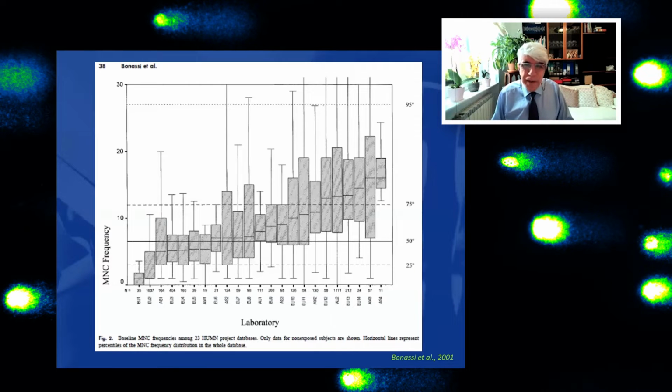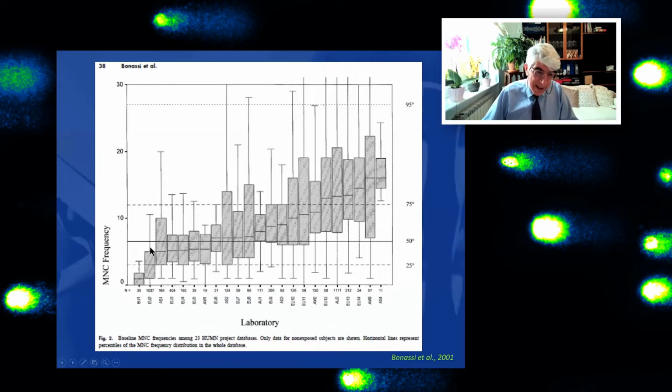The idea of using pooled analysis to evaluate the extent of variability is something which is popular in molecular epidemiology. For instance, let me show this slide, which is from an old paper of mine, in which I described micronuclei variability from different laboratories.